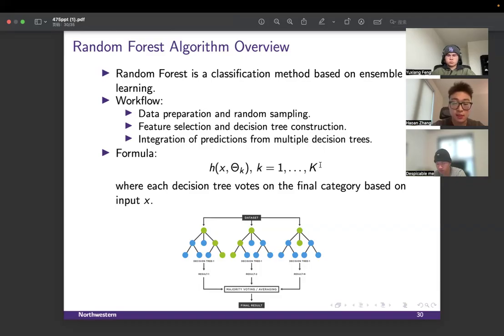It can enhance performance, including dealing with high dimensional data and being robust to outliers in individual features. This formula you can see shows the voting process. Each decision tree predicts a category based on the input data, and the final result is determined by the majority voting. This enhances the model stability.